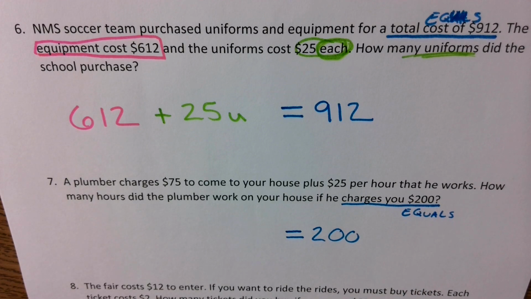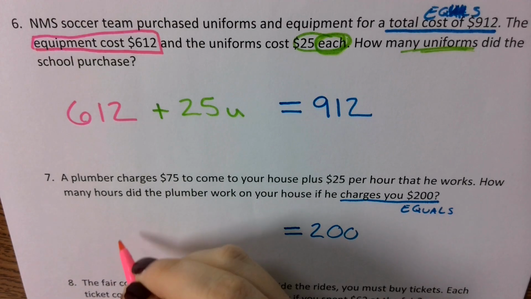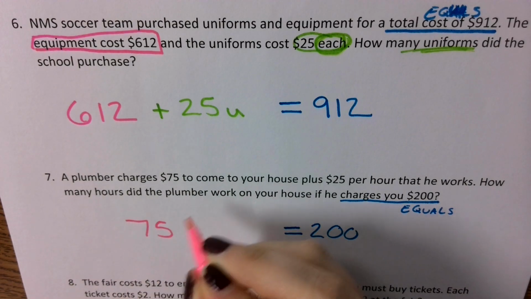Okay. What's our one-time cost? What cost is he charging us just one time? Rajay? 75, because he comes to your house just once, right? It's not like he's going to come, leave, come, leave, come, leave. He's going to show up to the house one time. So that's our one-time charge.